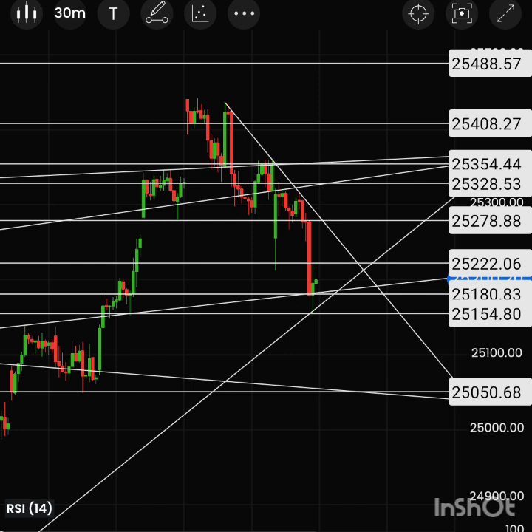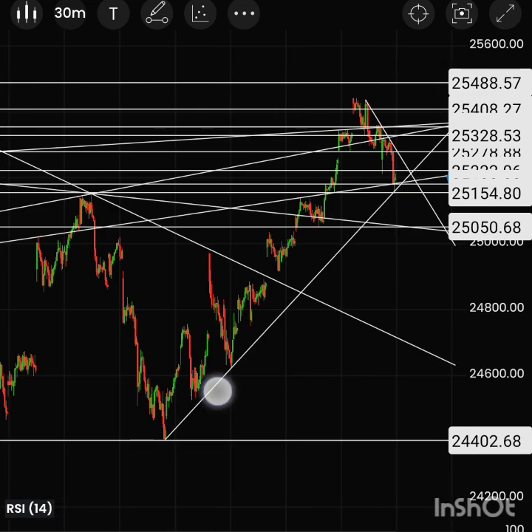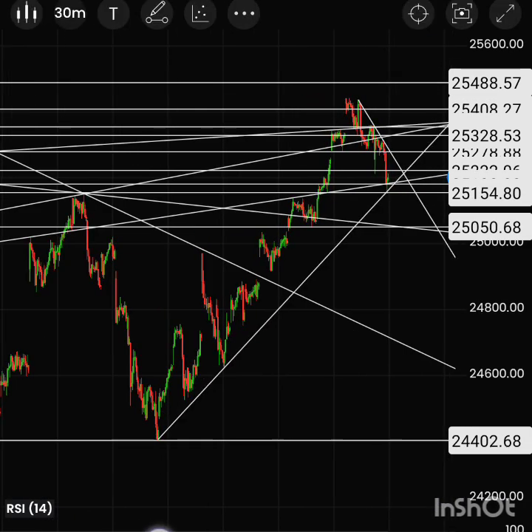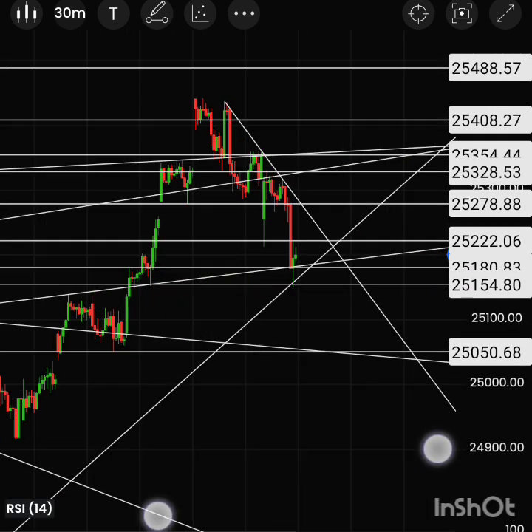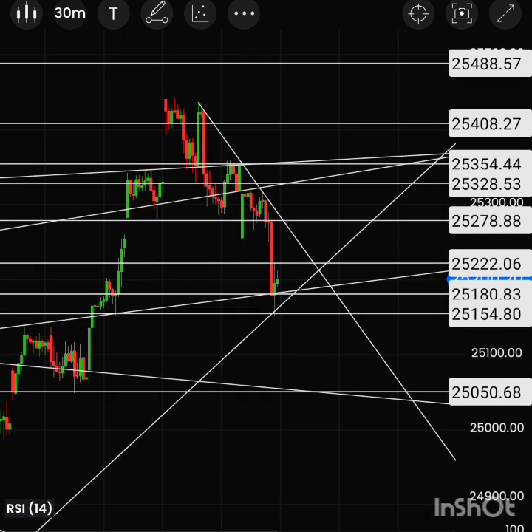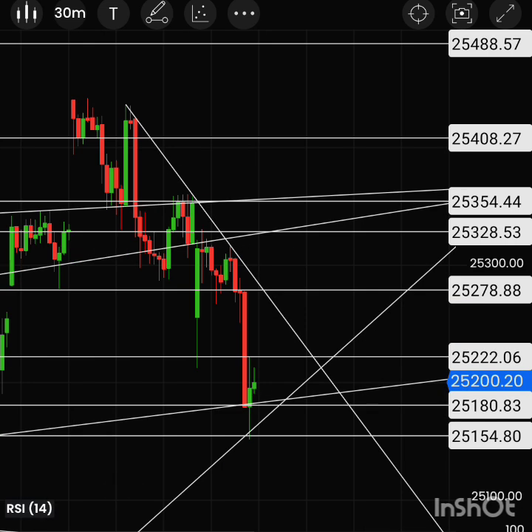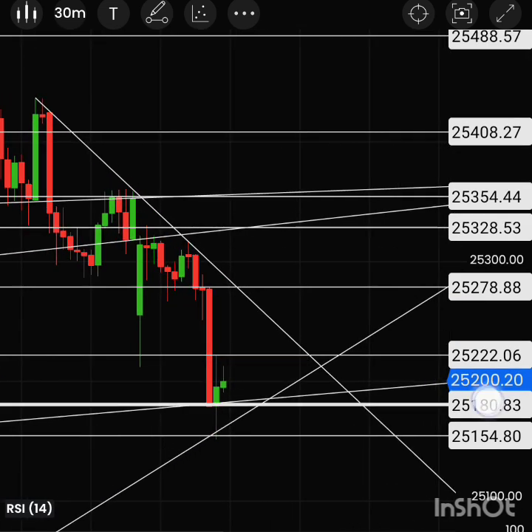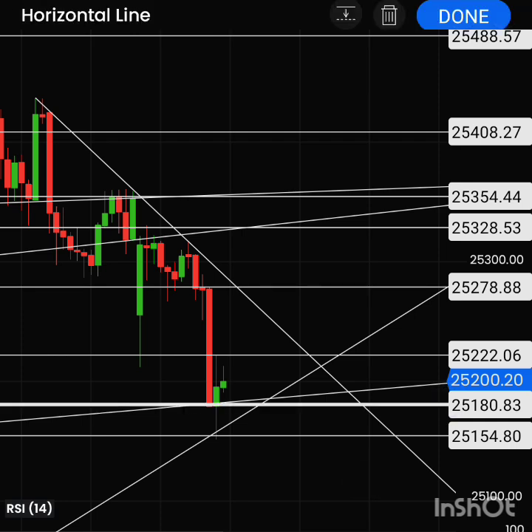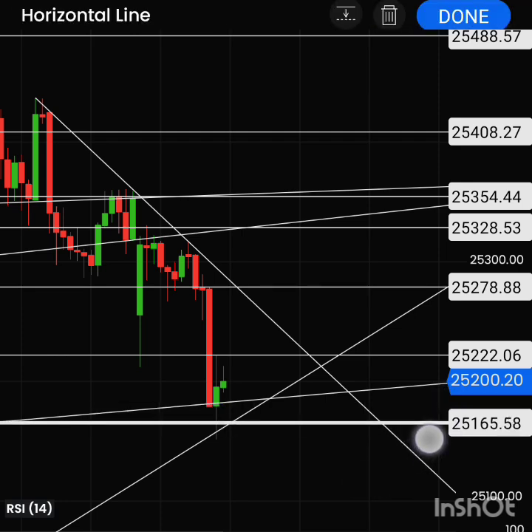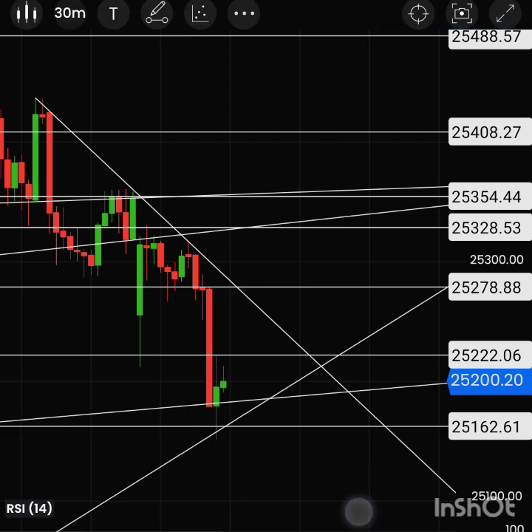The lower support line, the rising channel lower support line, was holding in the 25,150 range. Now today if we move below this one, the support is coming around this range, that means the 25,160 range.